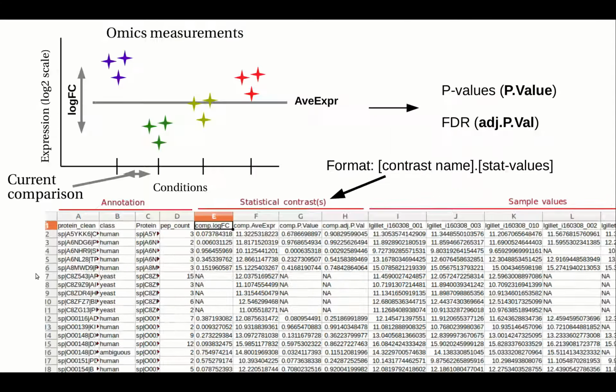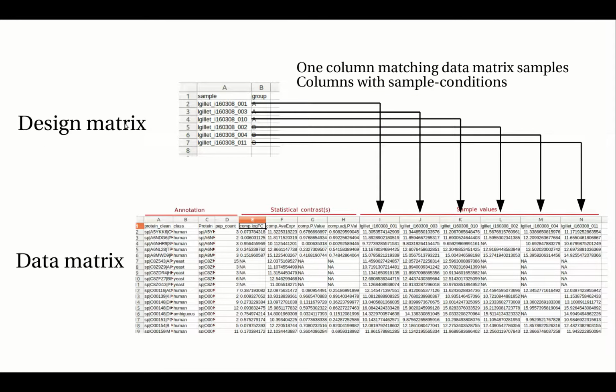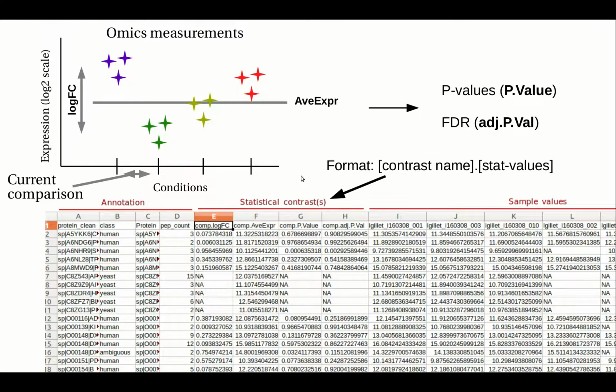So to recap, you have first the design matrix and the data matrix, where the design matrix contains information about your samples and different conditions for these samples. And one column here needs to exactly match the columns that you have in your data matrix. And then in addition to the sample columns, you can have annotations and you can have statistical contrasts.